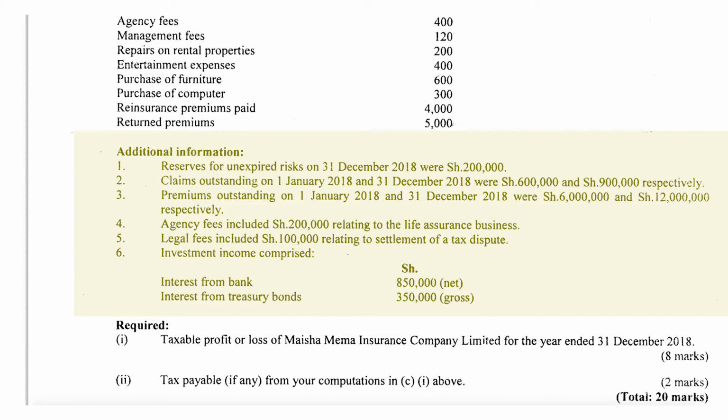We'll really have to apply our knowledge of the accrual concept of accounting, which will guide us in making adjustments for claims that are outstanding at the beginning of the year and claims outstanding at the end of the year. The same principle will apply on premiums, which are given in note number 2, premiums outstanding at the beginning of the year and premiums outstanding at the end of the year.